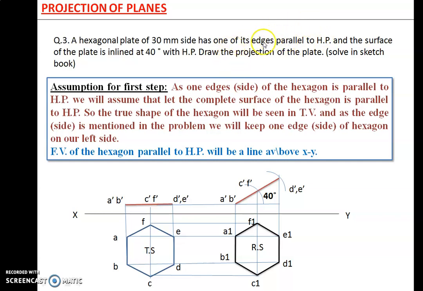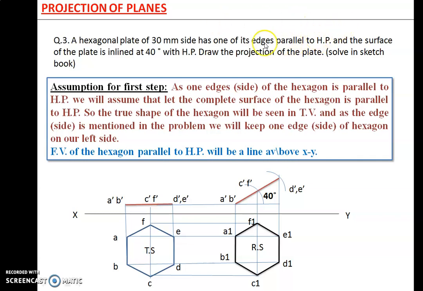As it is said that one of its edges or sides is parallel to HP, we will assume that instead of making the side, we will make the complete hexagon parallel to HP. So the inclination between the hexagonal plate and HP will now be 0 degrees. So we have made the hexagonal plate completely flat, or parallel to HP.